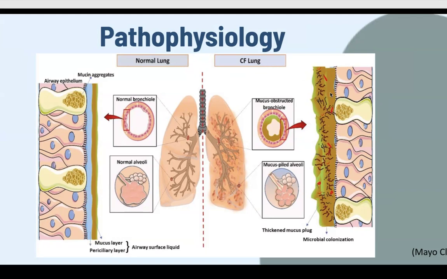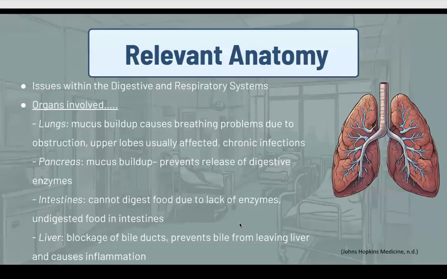However, with people with CF, you can see on the right, there's a lot of mucus that just accumulates on the airway surface, and it also obstructs the bronchioles and then the alveoli as well, making respiration and ventilation more difficult.